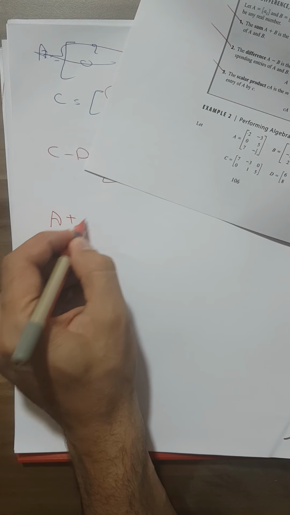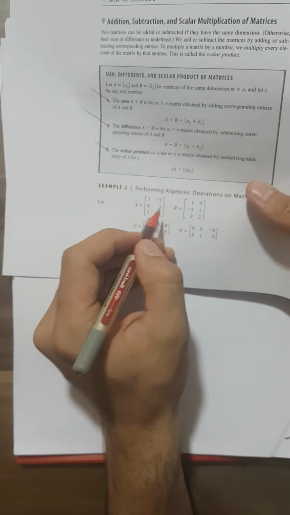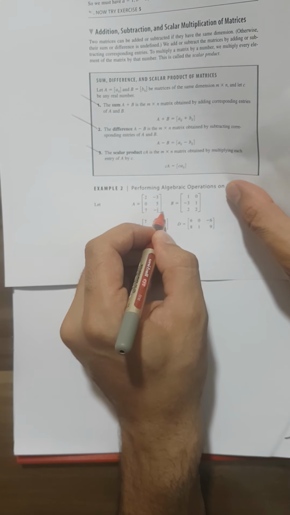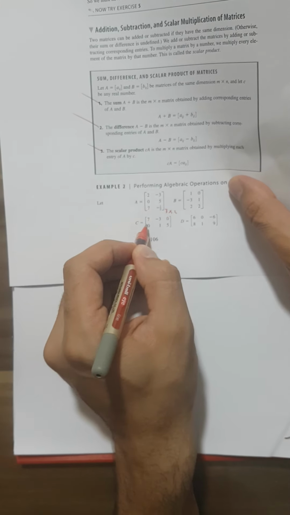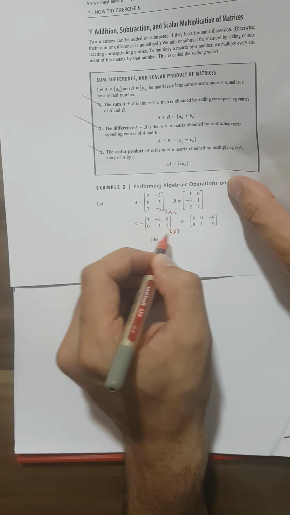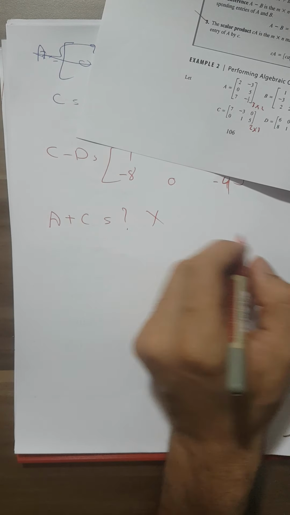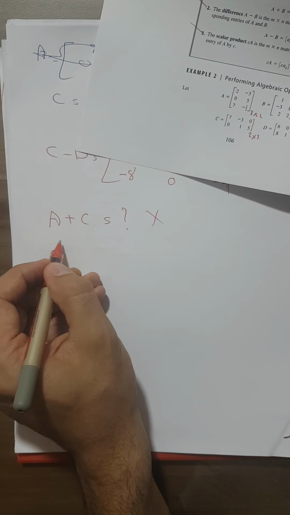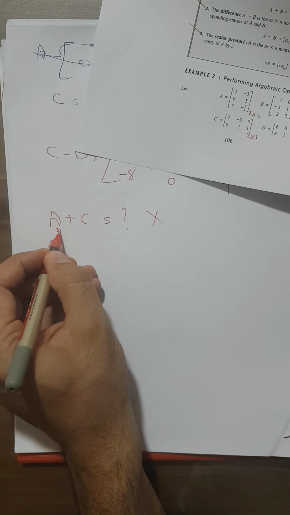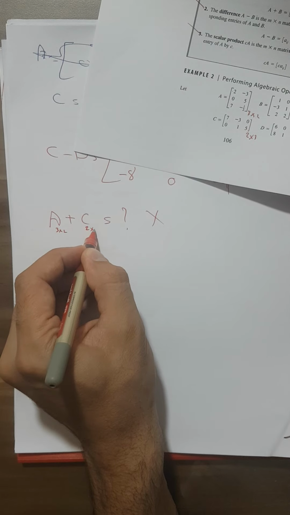In that case, what is A plus C? Here A is 3 by 2, and here C is 2 by 3. So we cannot add anything. The result is undefined. Why? Because the dimension here is 3 by 2 and the dimension here is 2 by 3.